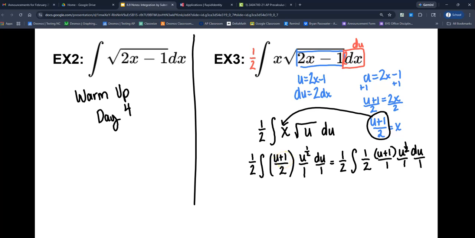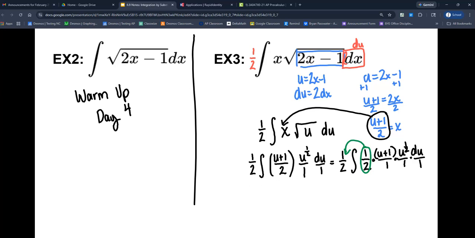Is that okay? If I multiply that back, would it give me the same thing? It would, right? I put these back together, I got u plus 1 over 2. What can I do with this 1/2 right here? Now that can be pulled out, right? Because that is just a coefficient. So that helps us out a little bit.